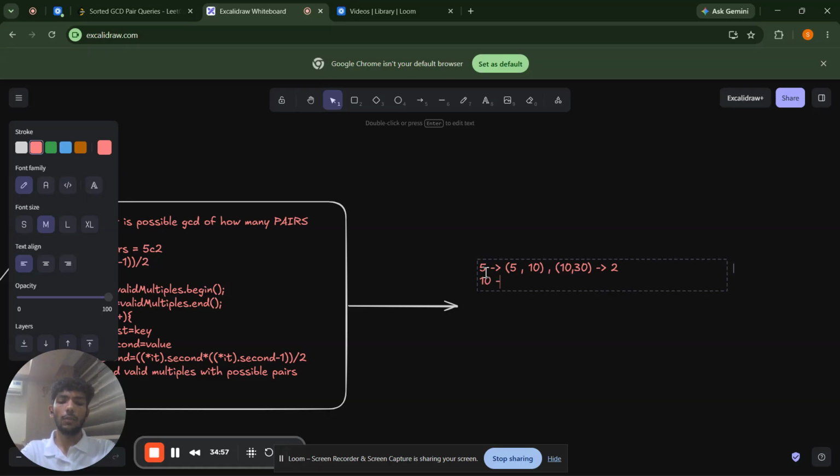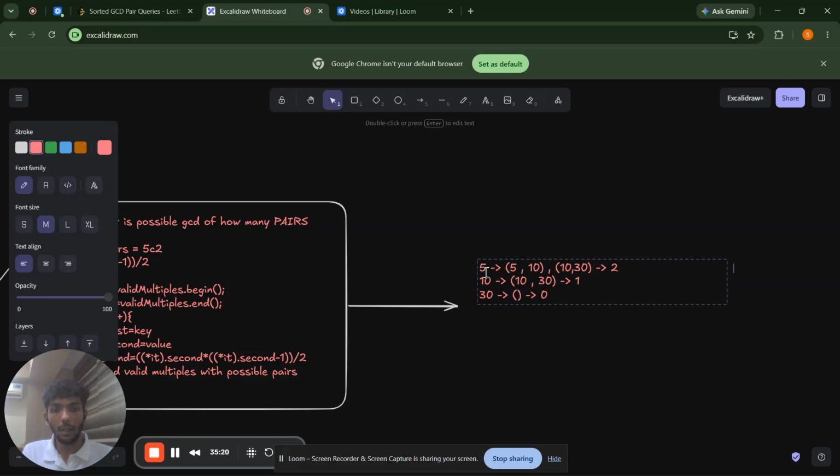And we are also given that 10 is a possible GCD of 10 and 30, which is a count of 1. And we are also given that 30 is not able to form any pair. So its count is 0.